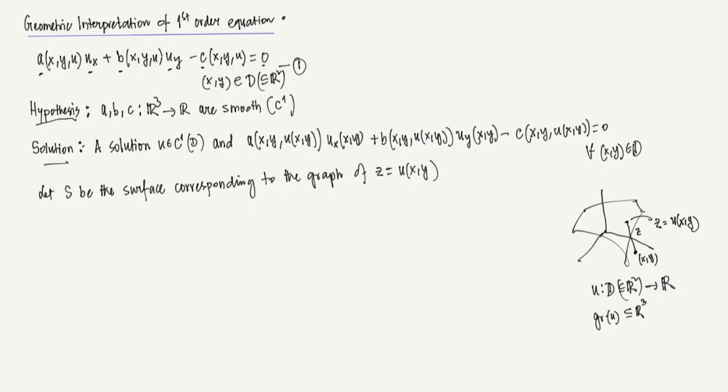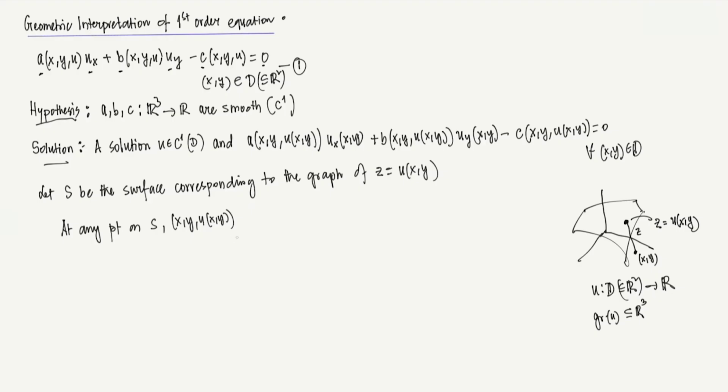Okay, so you see, any point on S is given by x, y, and u of xy. So at this point, let's say this is the point, x, y, and u of xy. You can also write it as x, y, and z, but let us just stick with x, y, u of xy.